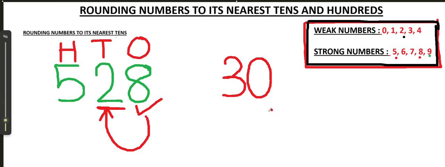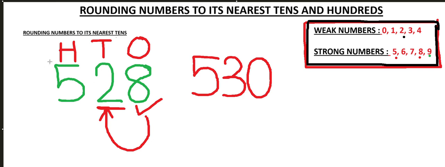And 5 belongs to the hundreds place, so it stays as a 5. So 528, when I round off that number to its nearest tens, the answer is 530. Okay, now moving on to the next example.